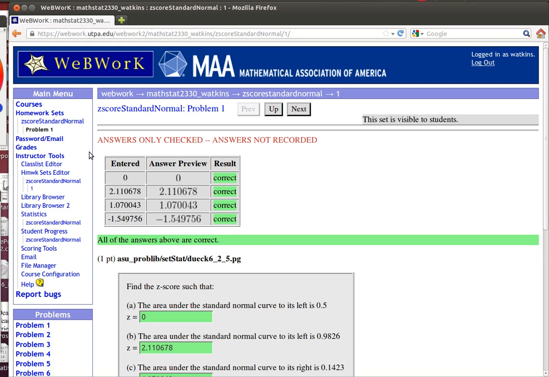Got it right. Okay, kind of getting the idea? That qnorm tells us the quartile. It will tell us the position on the x-axis or the z-axis. If we're using a normal distribution, then we need to tell it what the mean is and what the standard deviation is. Okay, hope that helps.